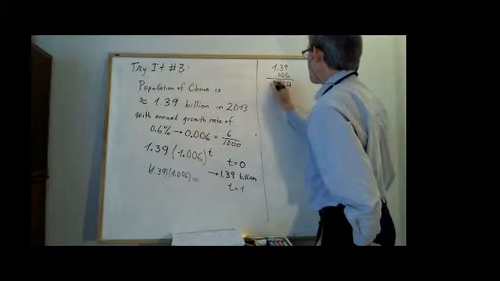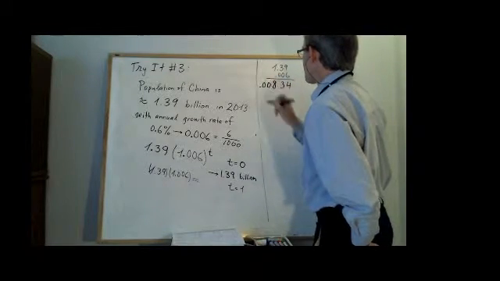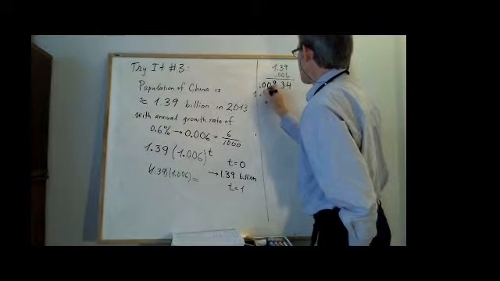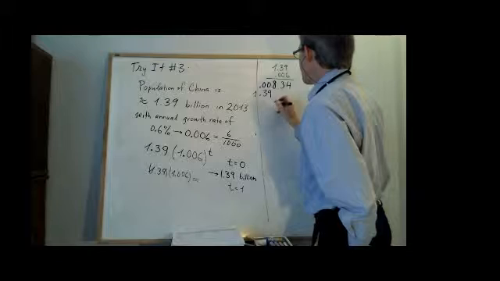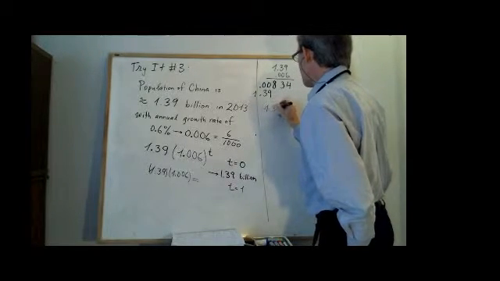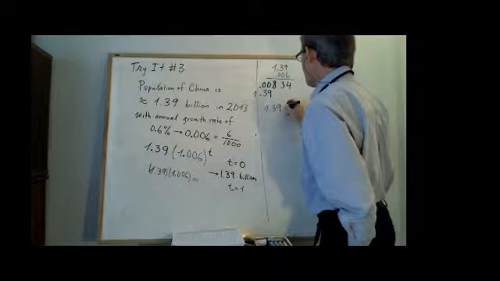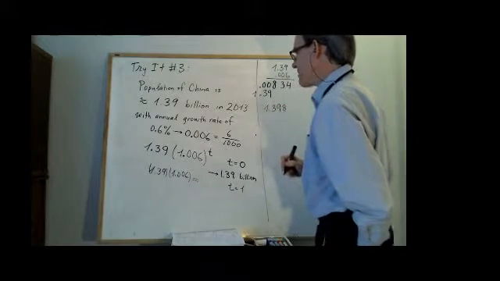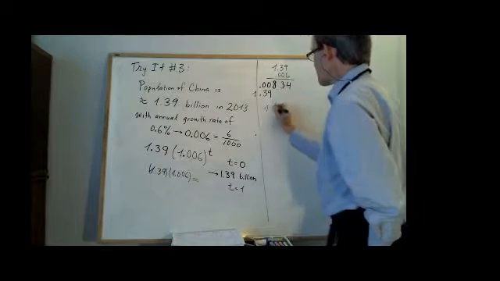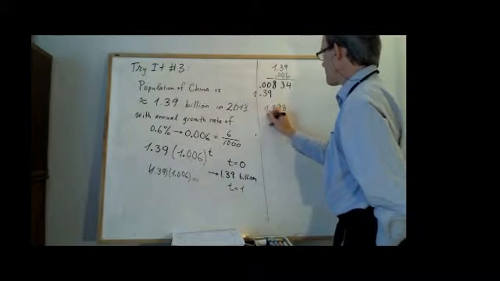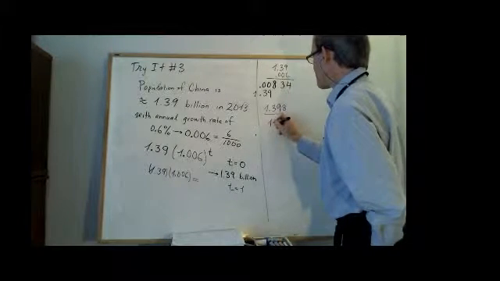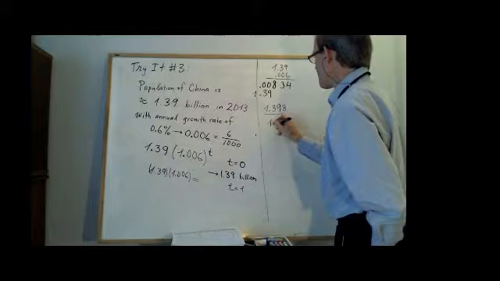And then I add that to the original population, so it's 1.39. So in year 1, I get something like 1.398. If I just stop at three significant figures, or 2 decimal places, then I'll get 1.40.